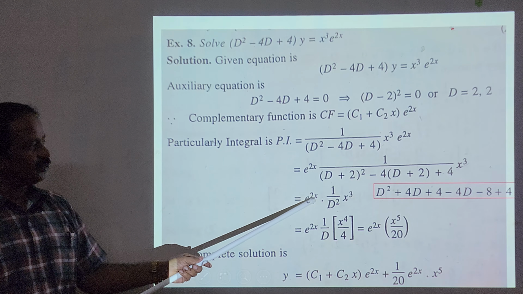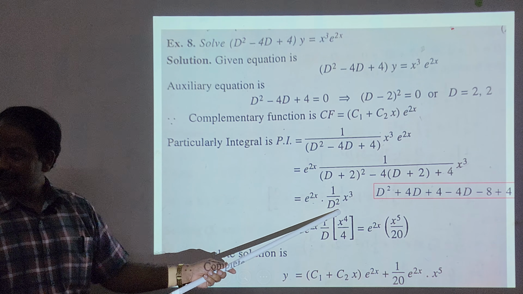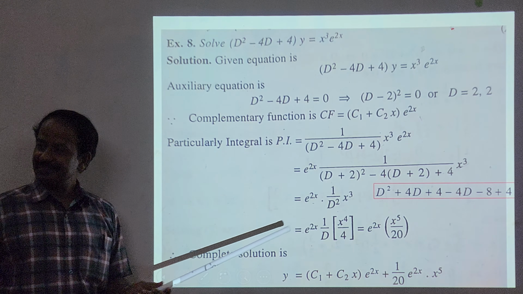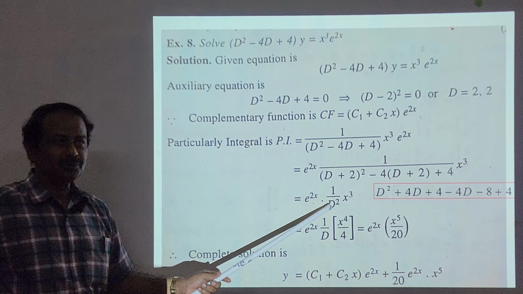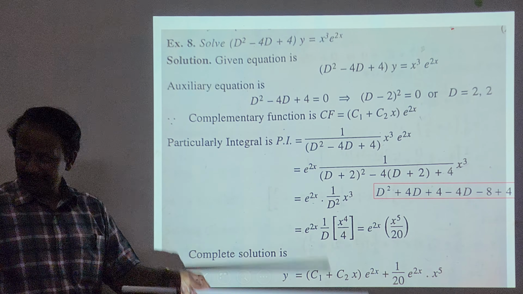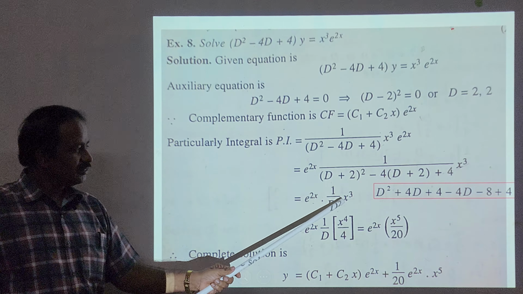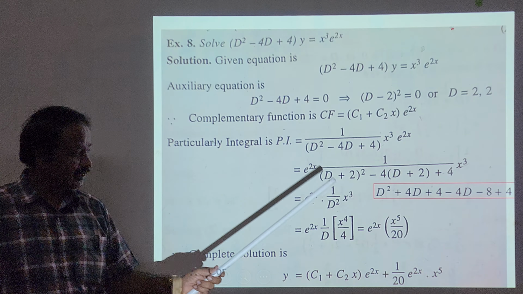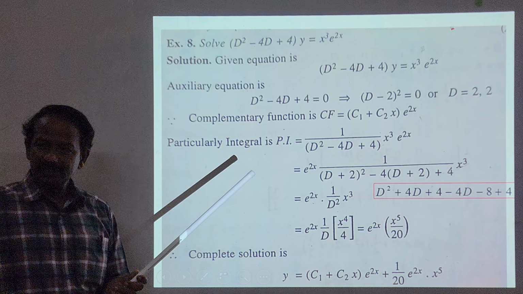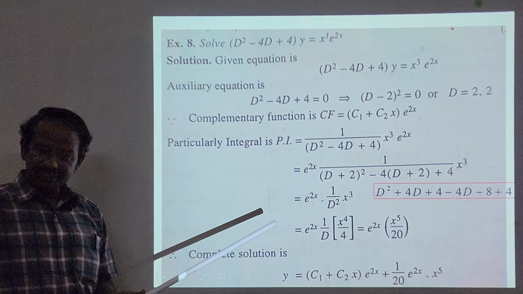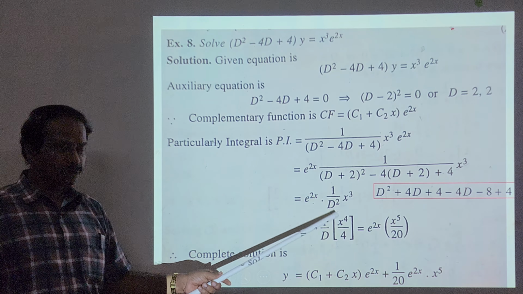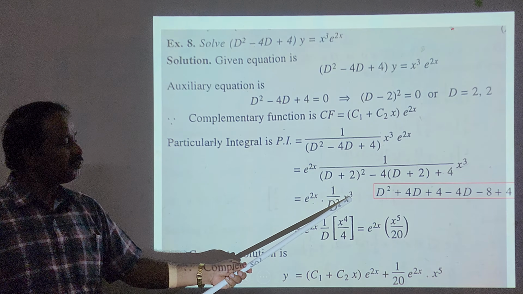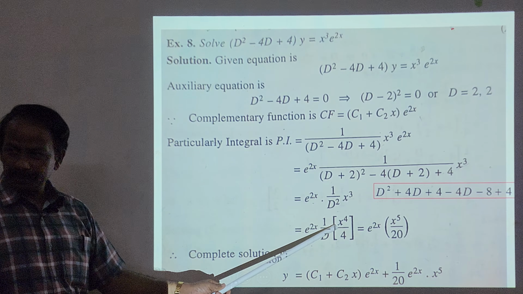So e to the power 2x, 1 divided by d squared, x cube. You will have to integrate x cube 2 times, since d squared is in the denominator. First time you integrate, the answer will be x to the power 4 by 4.